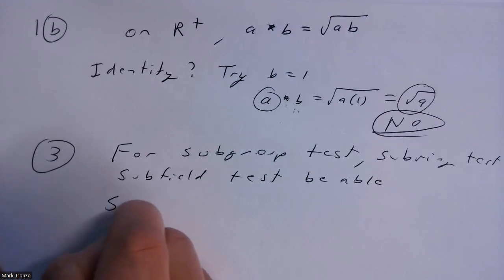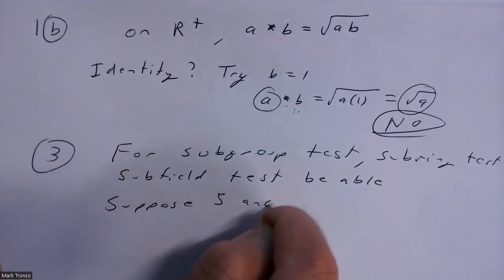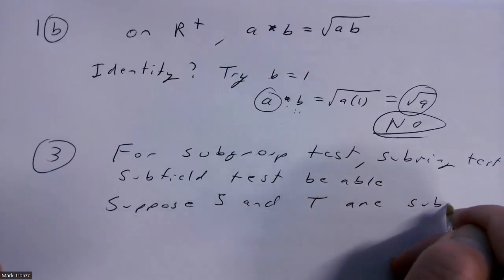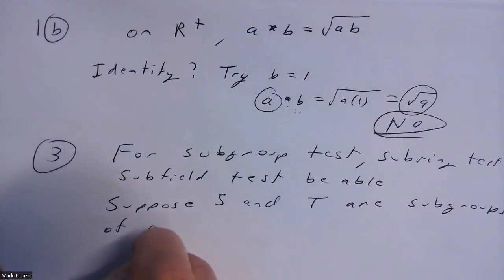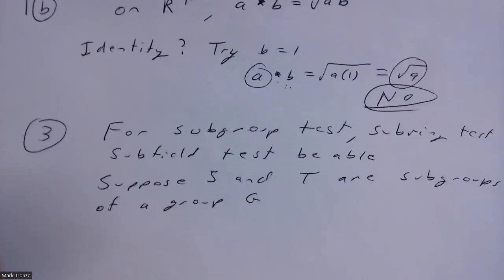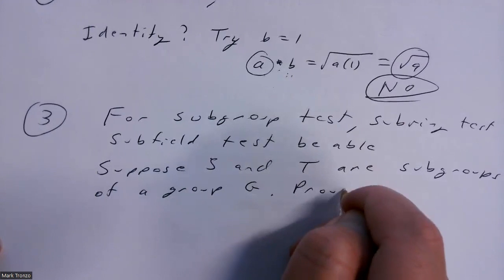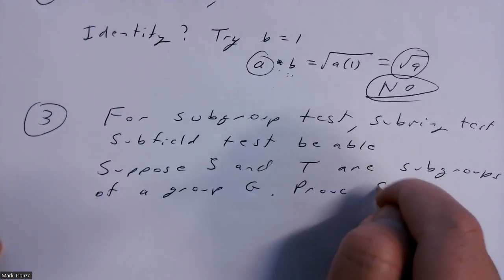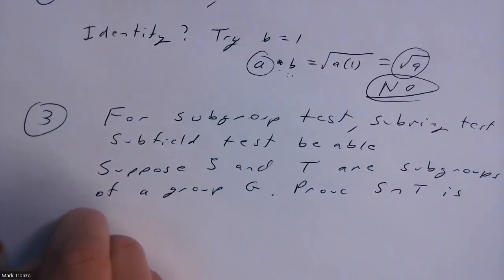So suppose S and T are subgroups of a group G. Prove that S intersection T is a subgroup.